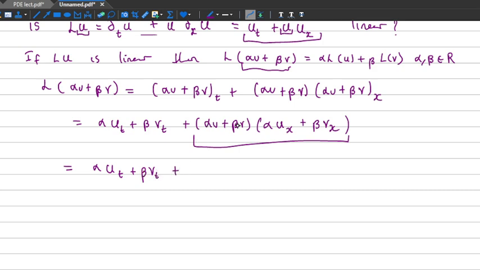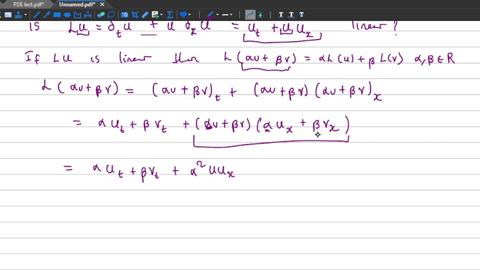So expanding this, it will be this times that, so we're going to have alpha times alpha, alpha squared, u u_x.